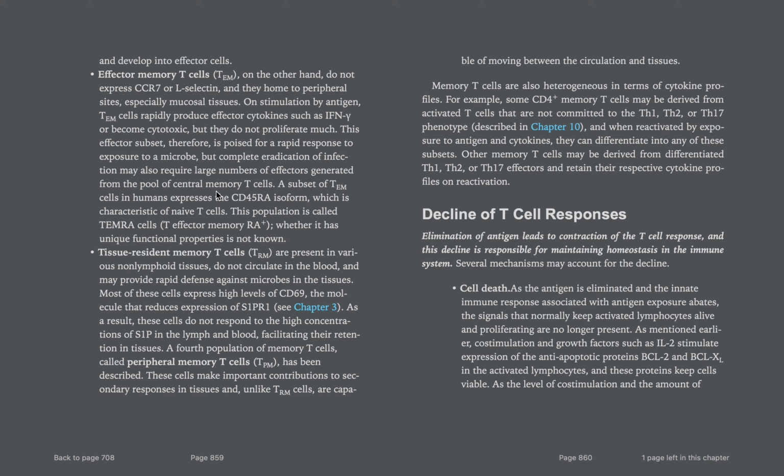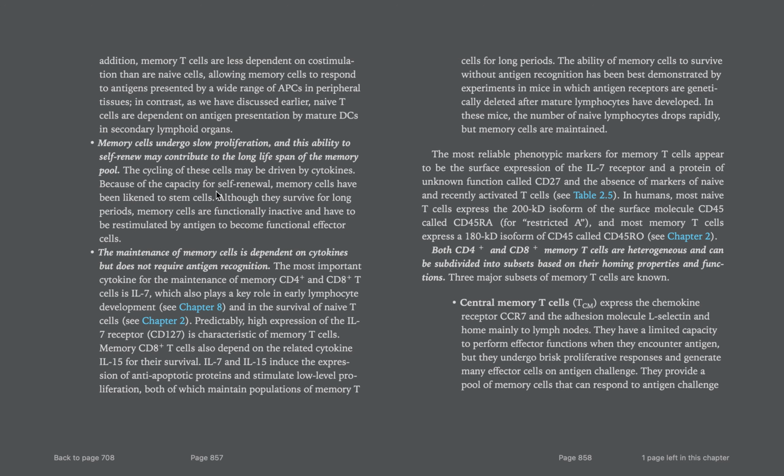So in summary, we have three major subsets of memory T cells. Central memory T cells express the chemokine receptor CCR7 and the adhesion molecule L-selectin. They have limited capacity to perform effector function when they encounter antigen, but they undergo a brisk proliferative response to generate many effector cells on antigen challenge.